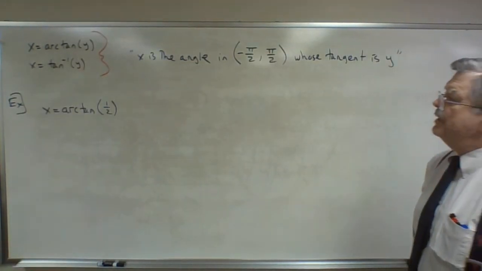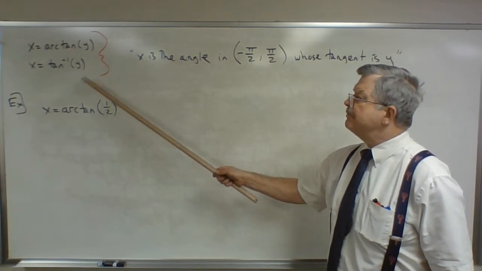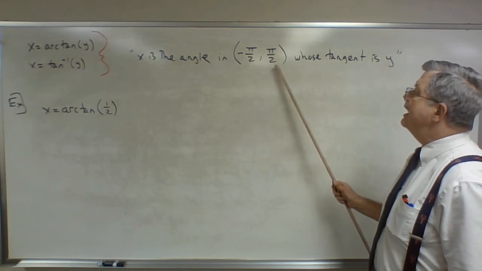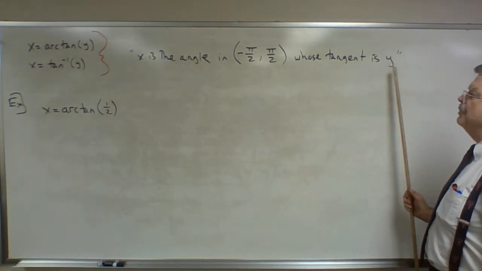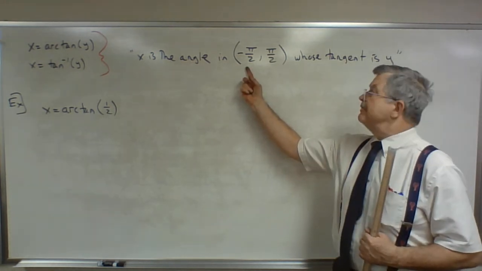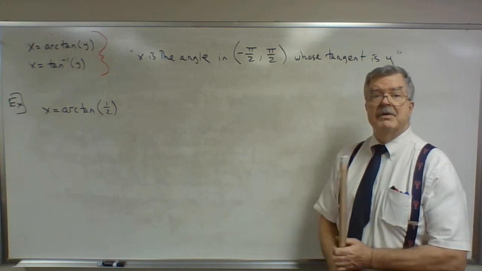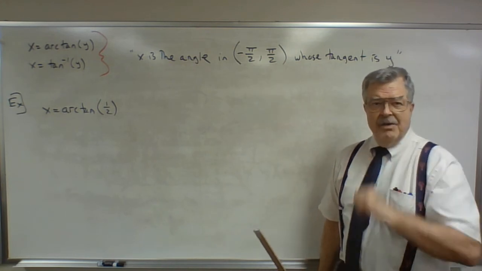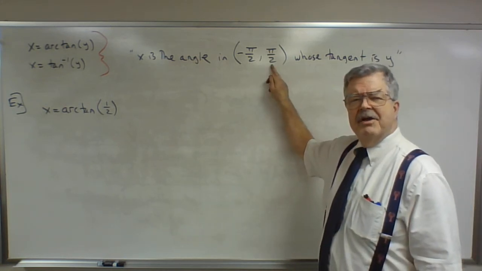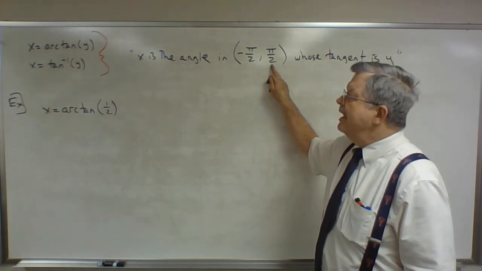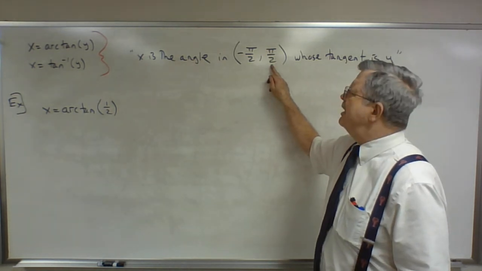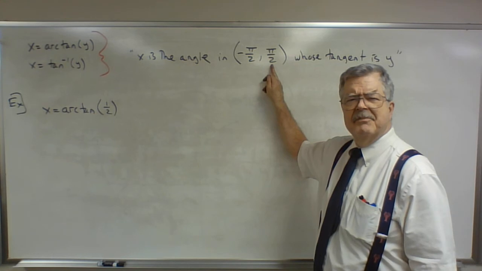Here's the concession that we make for inverse tangent. X is the angle in the open interval, negative pi over 2, pi over 2, whose tangent is y. Why can't we include the endpoints negative pi over 2 and pi over 2 like we did with inverse sine? Well, think about it. If x is equal to pi over 2, what would the tangent of x be?